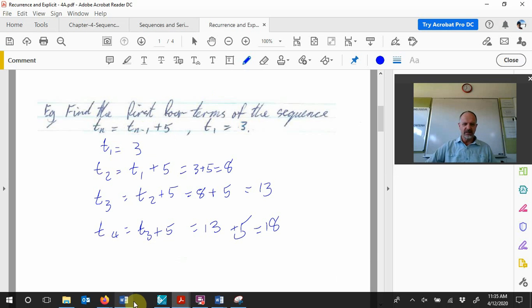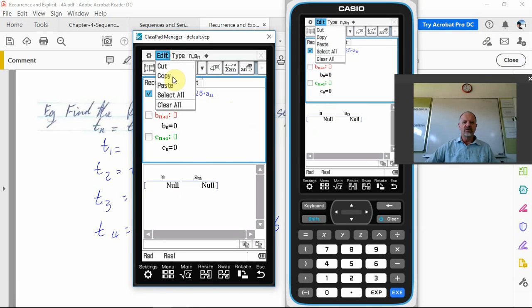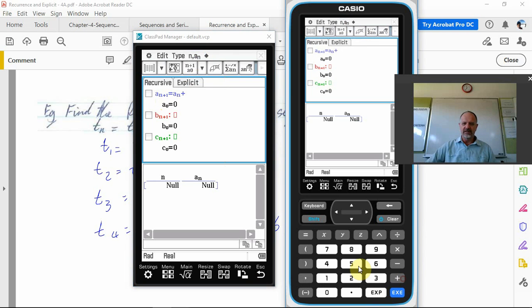All right, so here's the calculator. Let me just clear all of that. In here, n+1, so that's the next term, is this term. So we've got this term plus 5. And then A0, well, see, we can change that.